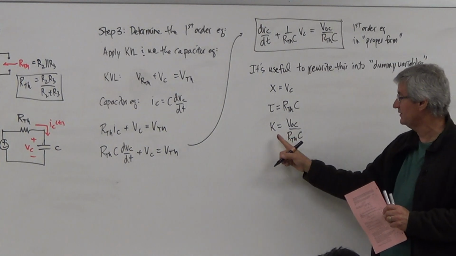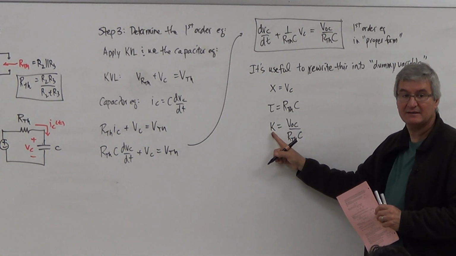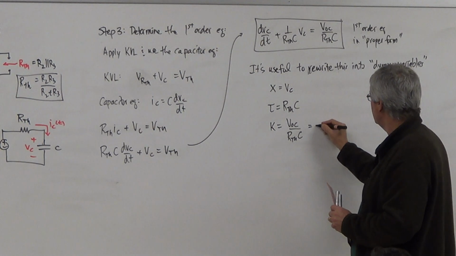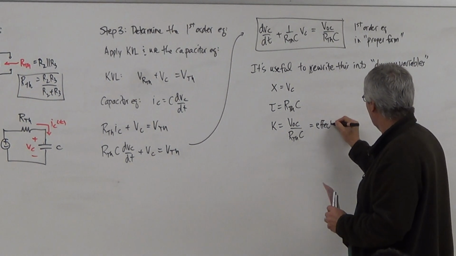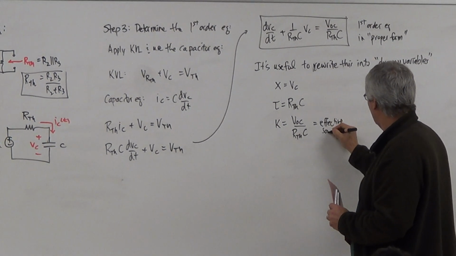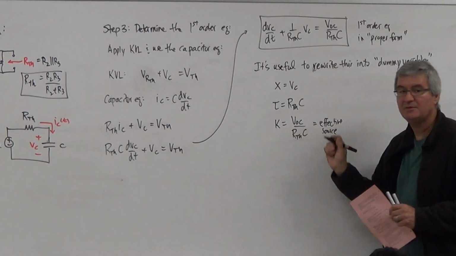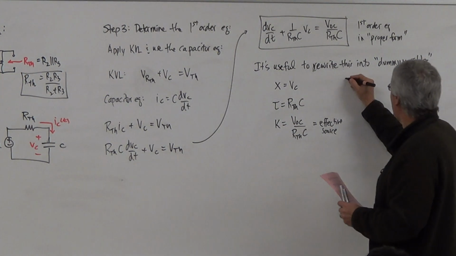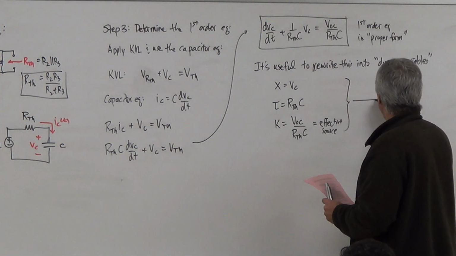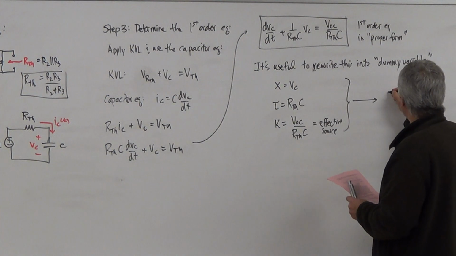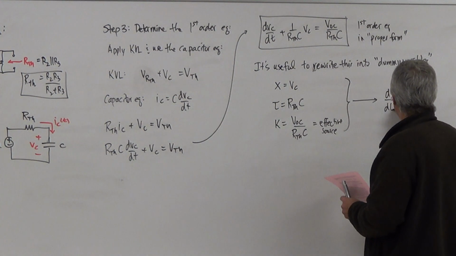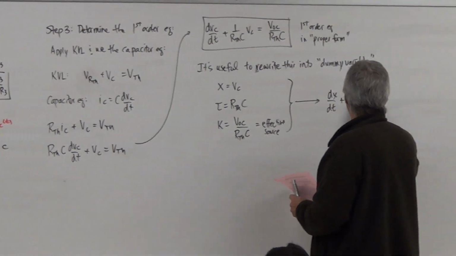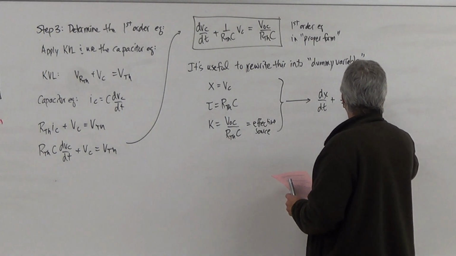But we can say that K is the effective source, because it's directly proportional to the voltage, and RC is just a plain constant. So if I write this, it now takes on the form dx/dt plus x over tau equals K.